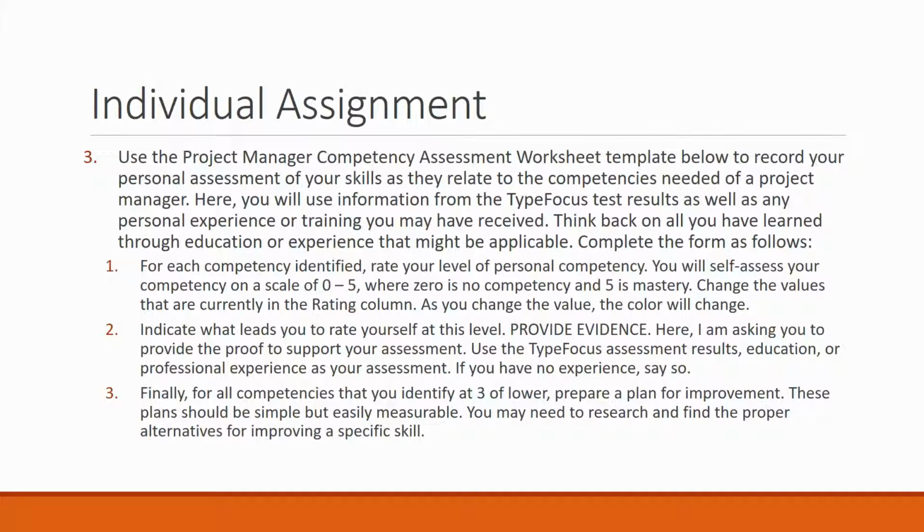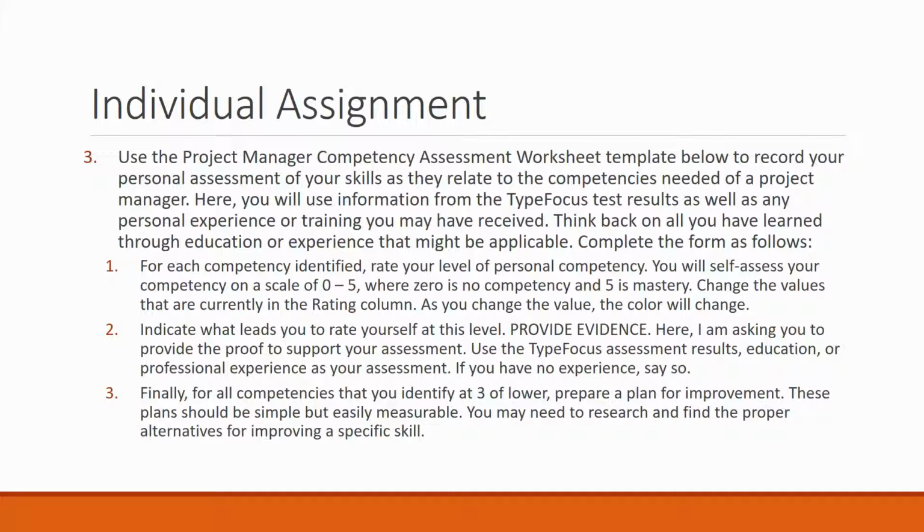Okay. Then the second thing you're going to do is, wherever you have rated yourself at a level, you're going to provide evidence for every single rating, because I want to make sure that we understand where you're getting your proof. You're providing some proof to support your assessment.